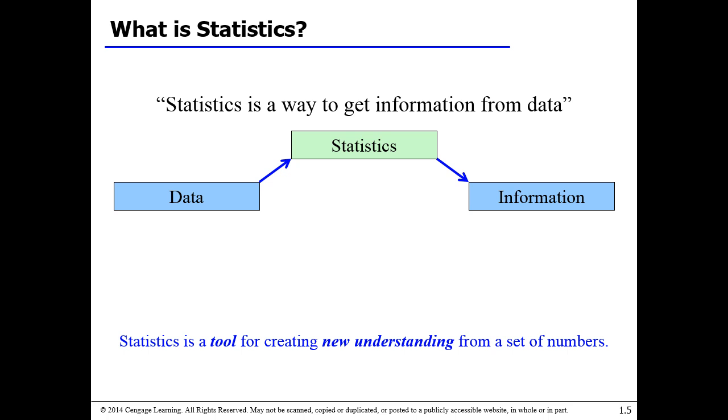And information can be used for making decisions, for planning, for reporting progress, for forecasting, for controlling, for predicting, all those good things. Statistics is just analyzing data, which leads to information, and information leads to knowledge, because we understand something now.